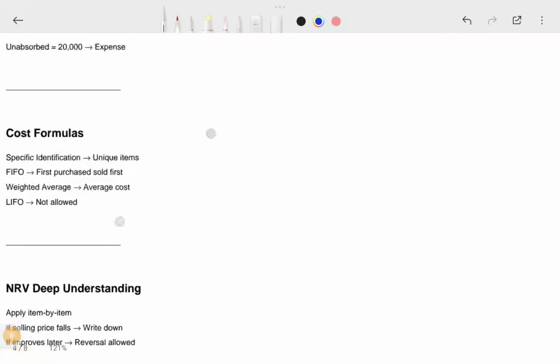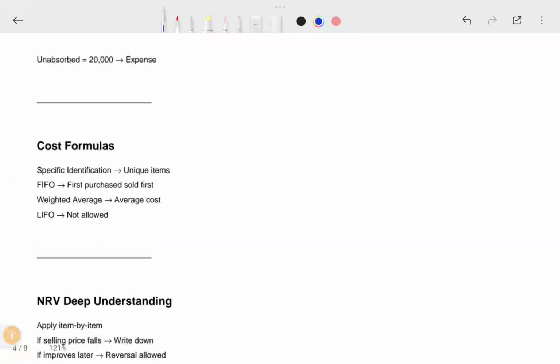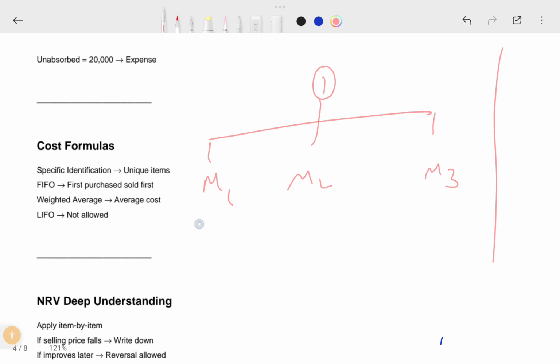And while calculating the cost, you now need to understand how to determine it. There are 3 to 4 purchases, because you might not have purchased everything at once. Say item 1 you purchased three times: month 1, month 2, month 3. In month 1 you purchased 1000 items at 20, in month 2 at 21, and in month 3 the same 1000 items at 19, because your vendor won't maintain the same cost.